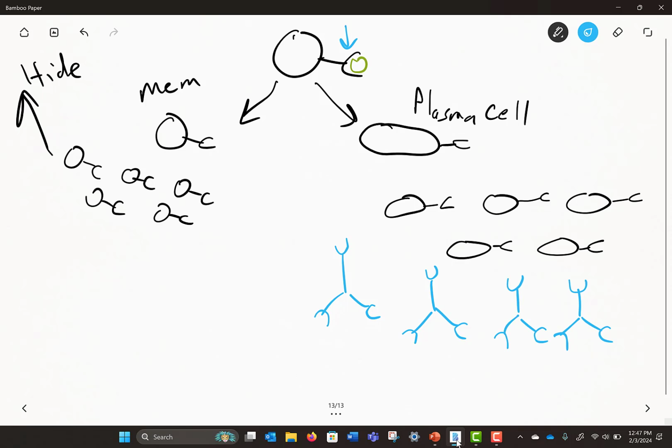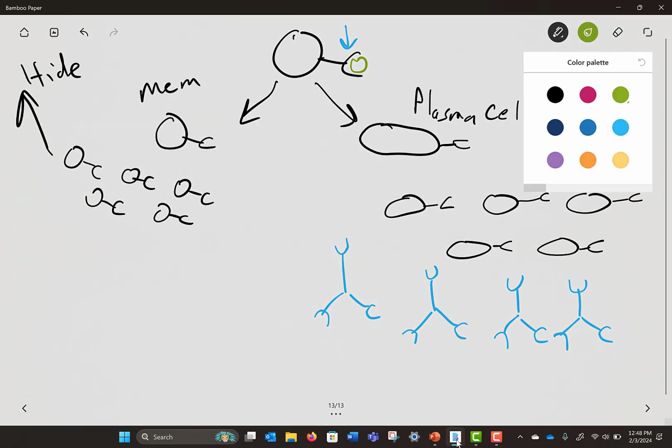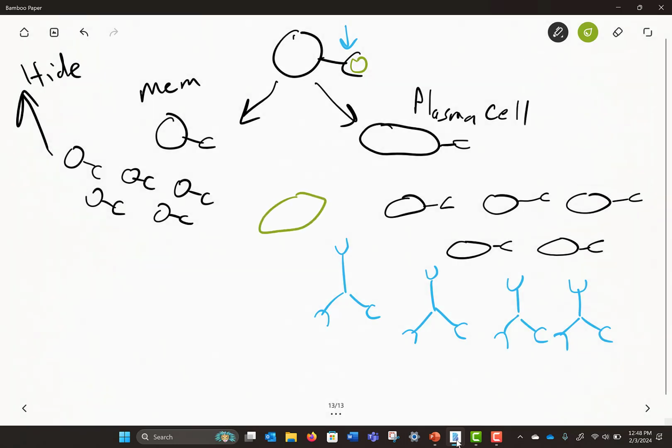Now, these antibodies are going to go through our bloodstream. They're going to be out in the tissues of our body. They're going to be in our lymph system. They're going to be all over. And every time they come into contact with that original shaped antigen, which remember was on a bacteria, it's going to stick to it.